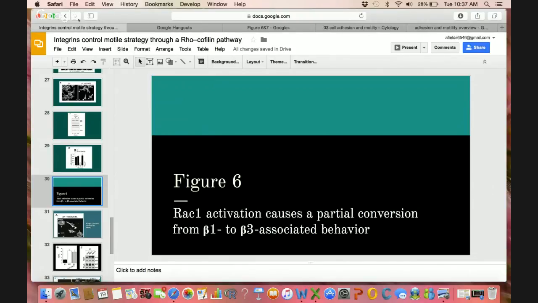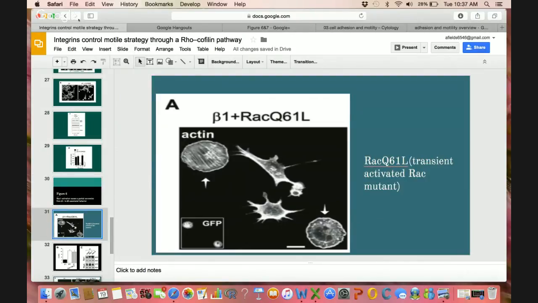What they decided to do was create a Rac mutant that was transient in the activated form of Rac. And what they observed was a conversion between the beta 1 and the beta 3 integrin morphology, as you can see here in figure A.